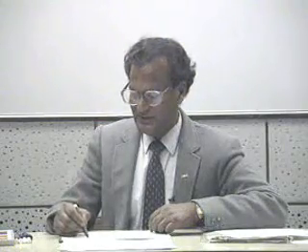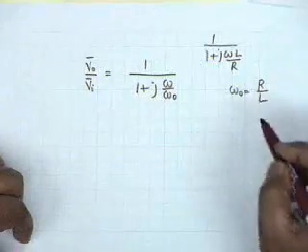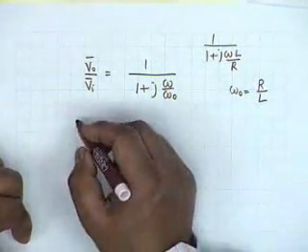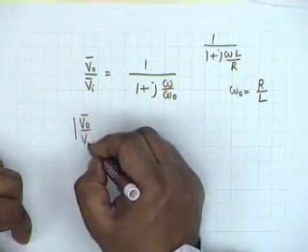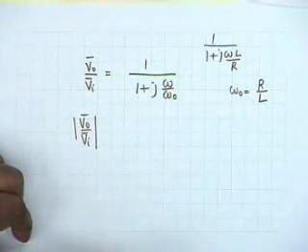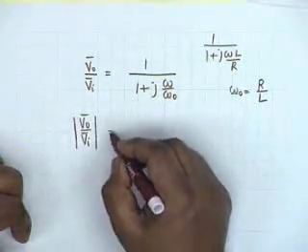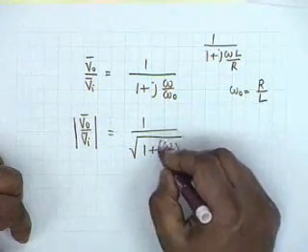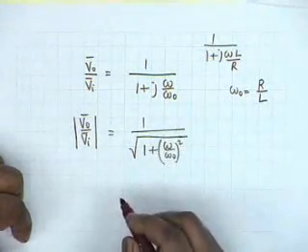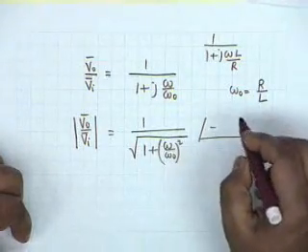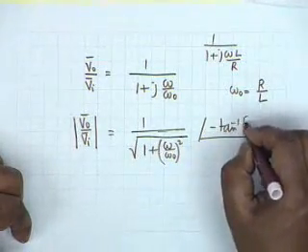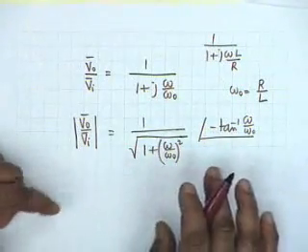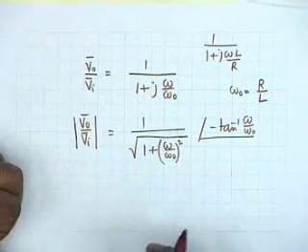Omega 0 is fixed because omega 0 has been defined as R by L, which are the parameters of the circuit. Okay, and therefore the magnitude of this phasor ratio is given by 1 by square root of 1 plus omega by omega 0 squared. Alright, and the angle is minus tan inverse omega by omega 0. Is this clear? Is this okay? Or have I gone too fast?